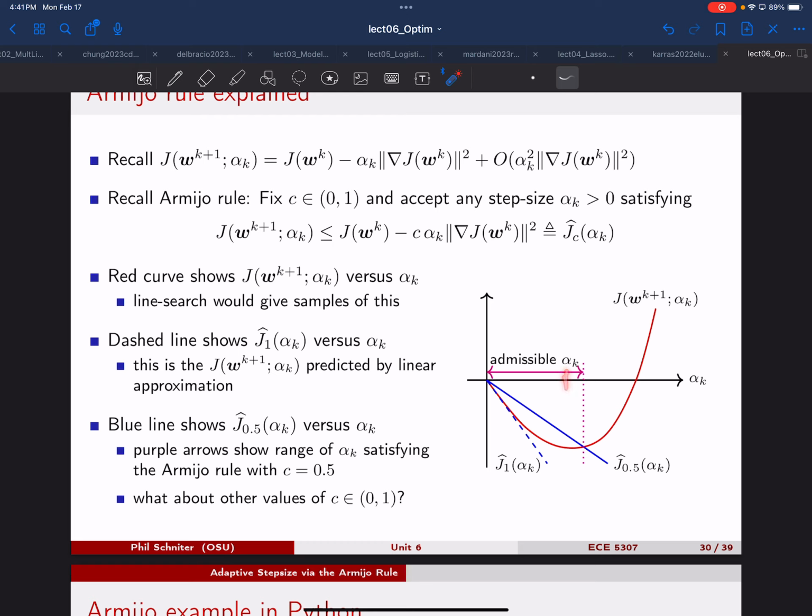And you can imagine maybe at that iteration k, maybe you could set up a grid of step sizes, and you could evaluate the cost over that grid. Right? That is something you could do. But doing so is kind of expensive because every time you hypothesize a step size, you have to compute the cost and the gradient. And as we saw, that involves some effort.